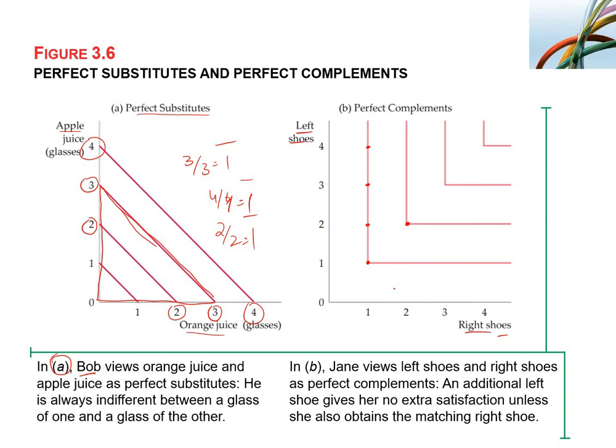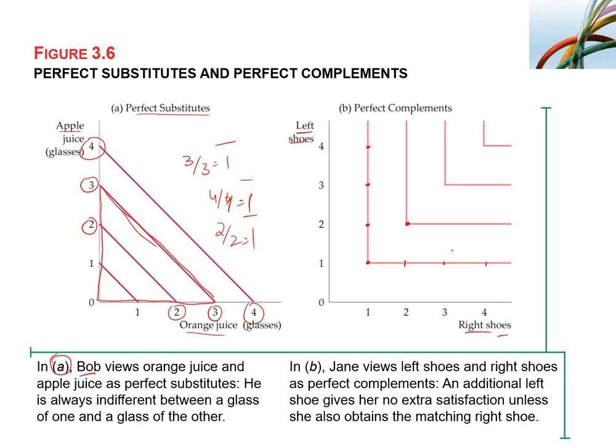That is, every unit, for example if you are saying this is 1 unit of left shoe and you are increasing the right shoes, it is not giving him any benefit, it is not giving him any satisfaction. Any satisfaction on this particular indifference curve is equal for him.